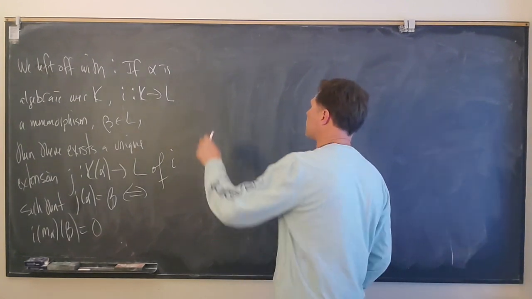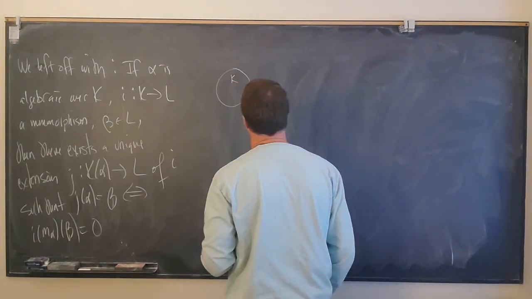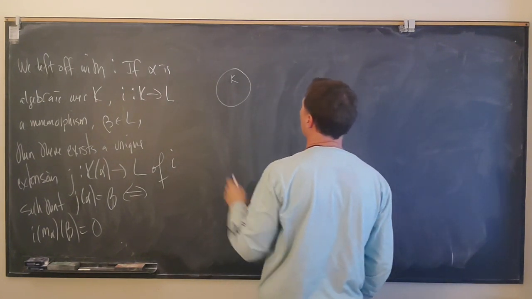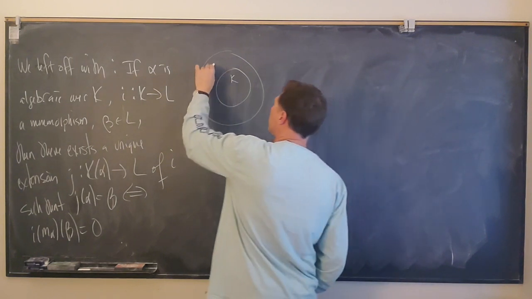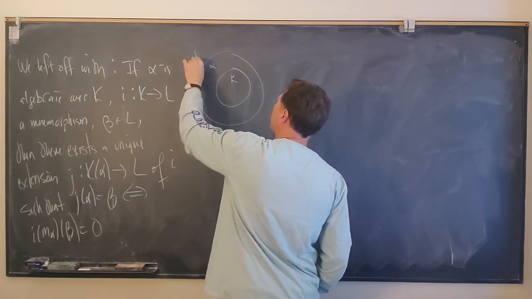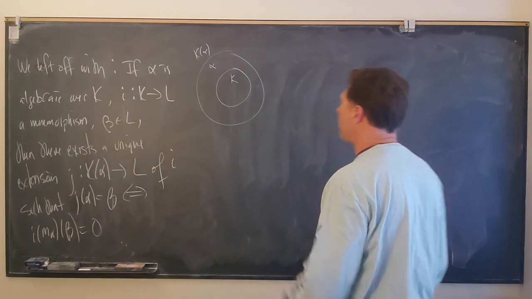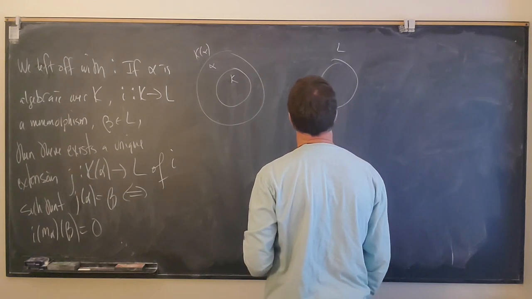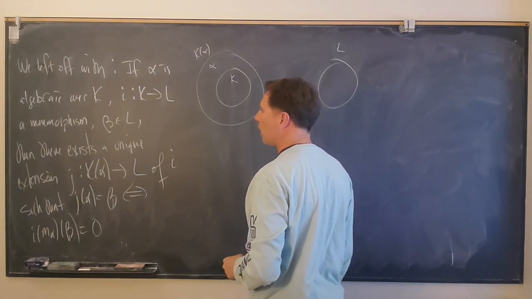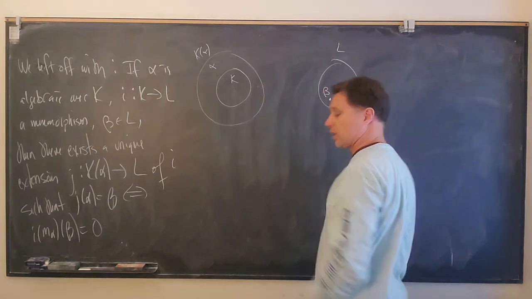So, the picture, let me just draw a diagram here. So here's K, and it's sitting inside some, right, there's alpha. Alpha lives out here, but we can think of, here's K adjoin alpha. And then we've got L over here, and beta is living over here.